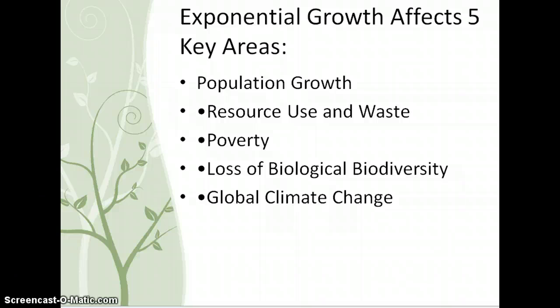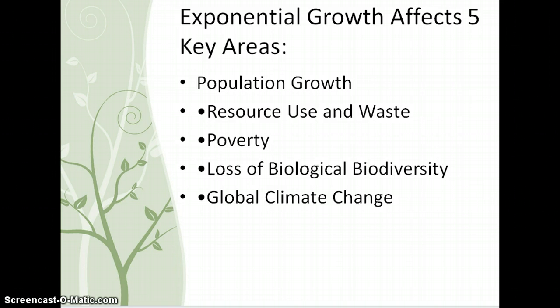The more people there are on the planet, the more poverty many of them encounter. The greatest population growth is happening in developing countries, which are poor countries, so more people are living in poverty. Exponential population growth leads to loss of biological diversity, the number of different types of living things on the planet.